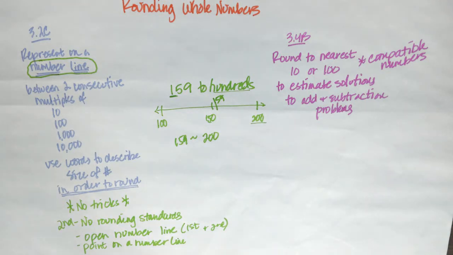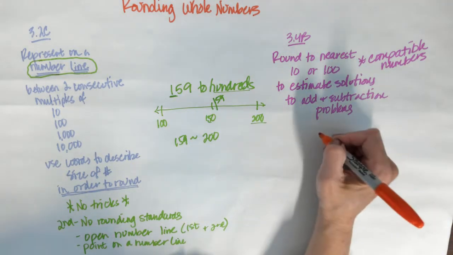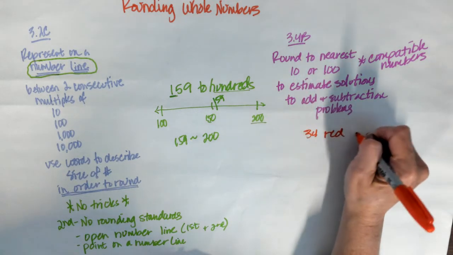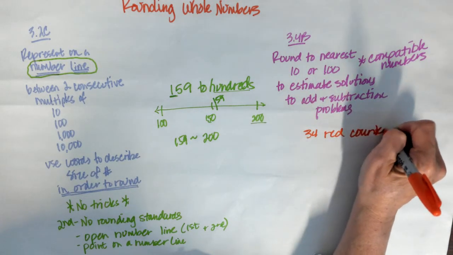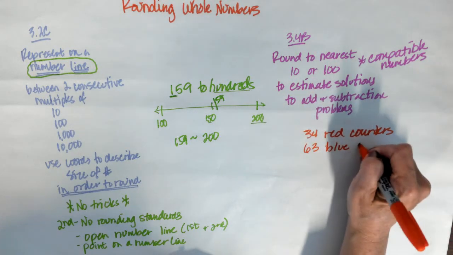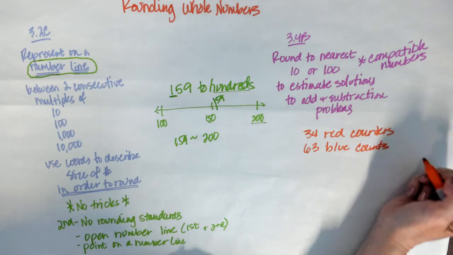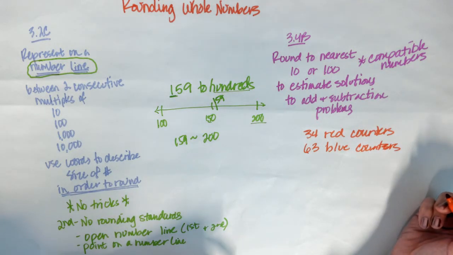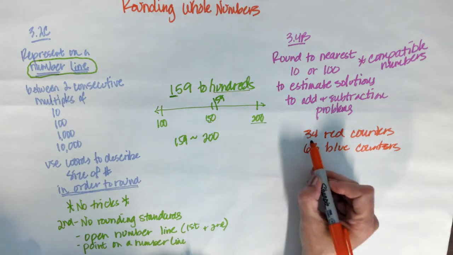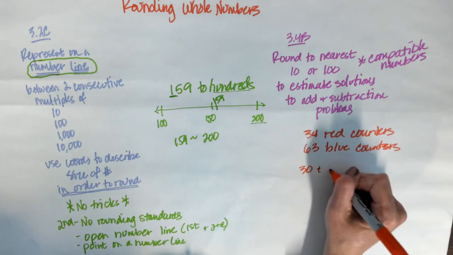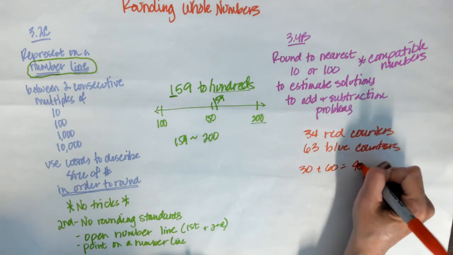So for example, if I wanted to say you're the teacher and you have 34 red counters and 63 blue counters, and you want to know how many you have total. Well, I could do a couple of things to solve this. I could say this is close to 30 and this is close to 60, so it's about 90.